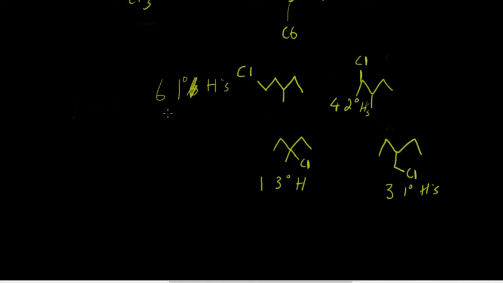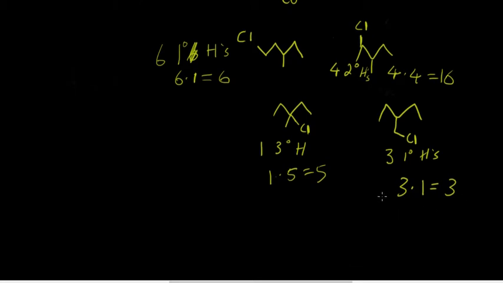So here we have 6 times 1, because the relative reactivity to chlorination of primary hydrogens is 1, so that is 6. And here we're dealing with 4 secondary hydrogens, so we have 4 times 4 is 16. And here we're dealing with 1 tertiary, so we have 1 times 5, and that's 5. And here we're dealing with 3 primaries, so we have 3 times 1, which is 3.